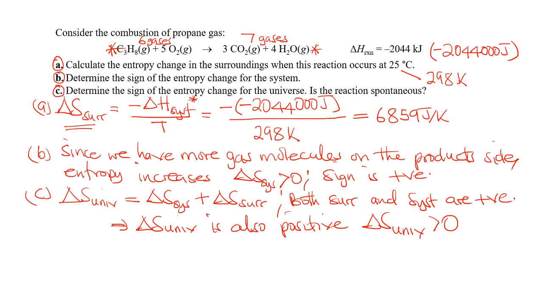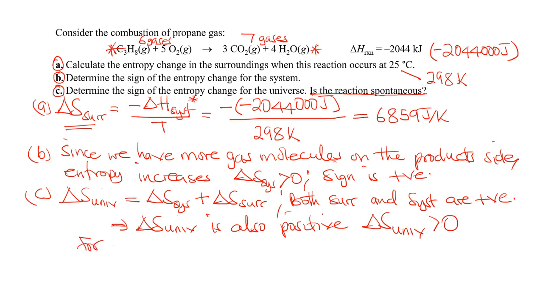So the last question is, is the reaction spontaneous? So we are answering this question. What do we know? For a spontaneous reaction, delta S universe must be greater than 0.